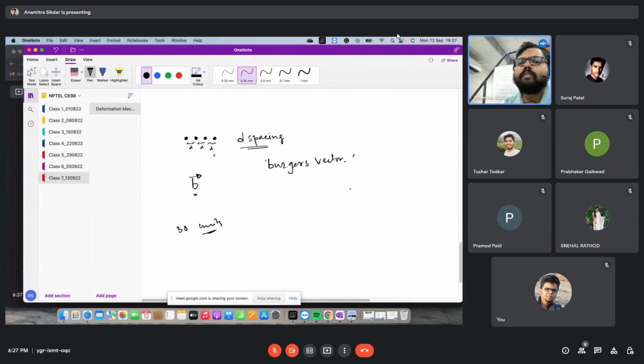Suppose you move one array, one motif, which was initially here, to somewhere here. You cannot move it randomly, right? You will move it by multiples of the Burgers vector.